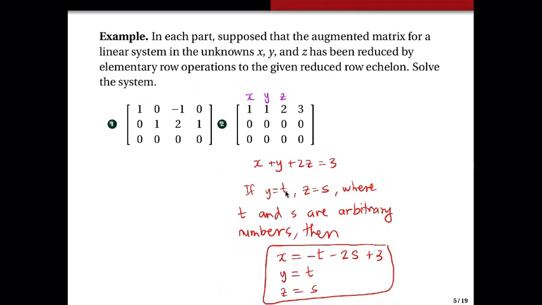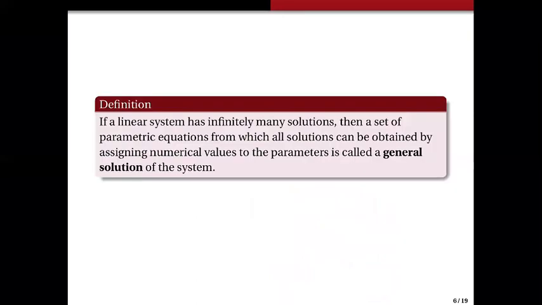So if you choose a specific number for t and a specific number for s, and substitute them in these equations here, then you will get an actual solution to the linear system. So, general solution.